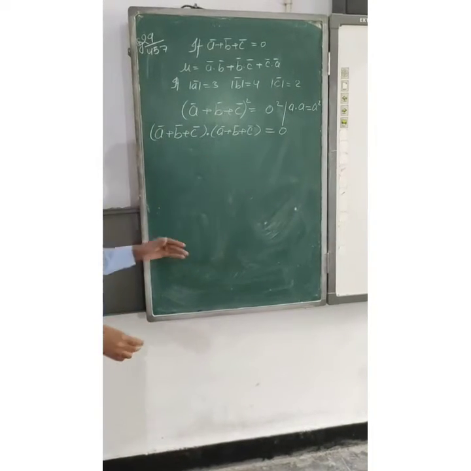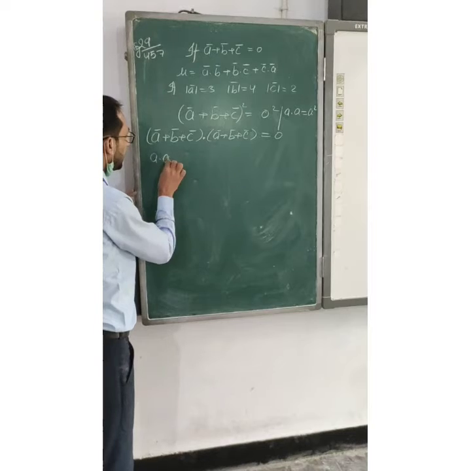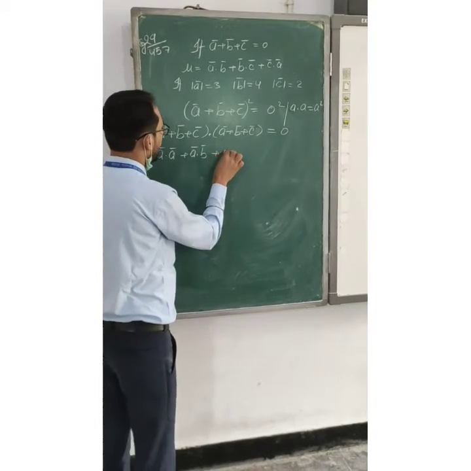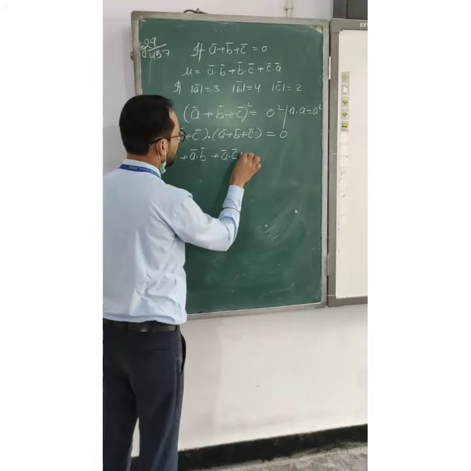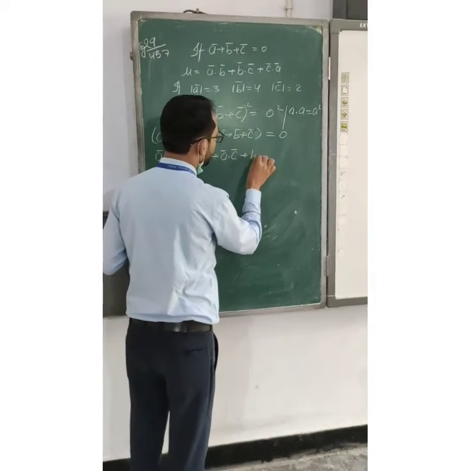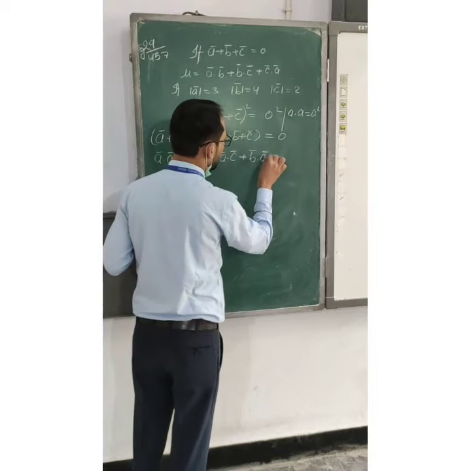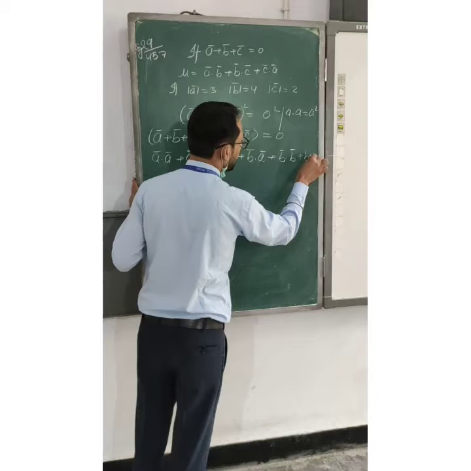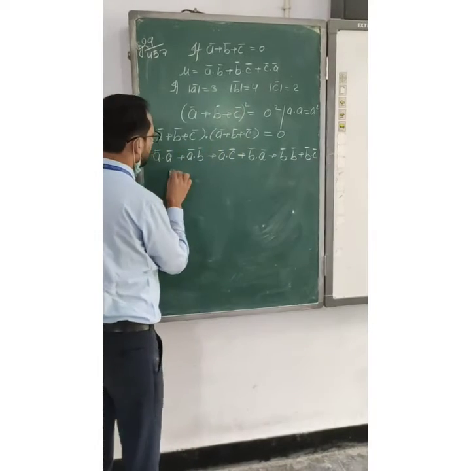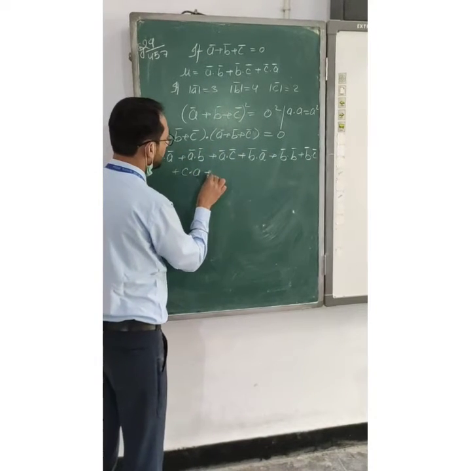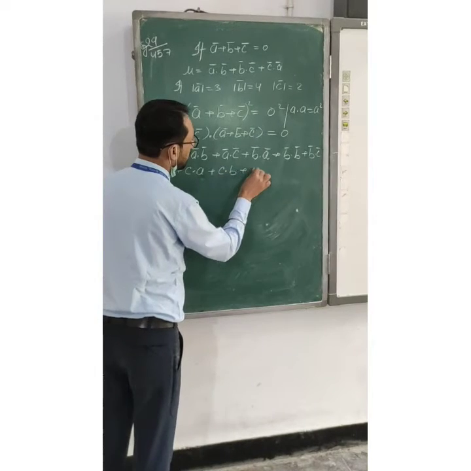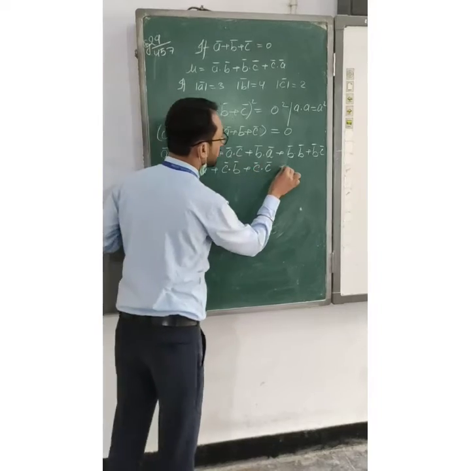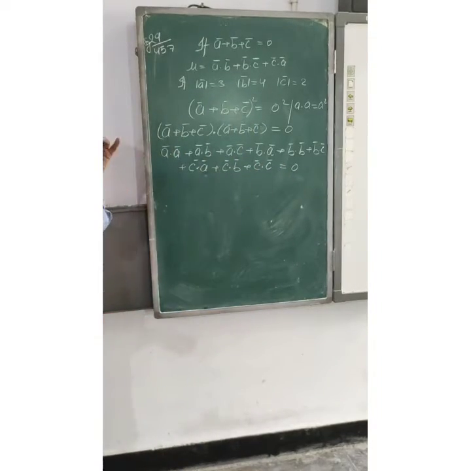Now, taking the dot product of each term, it will become A dot A plus A dot B plus A dot C plus B dot A plus B dot B plus B dot C plus C dot A plus C dot B plus C dot C equals 0.